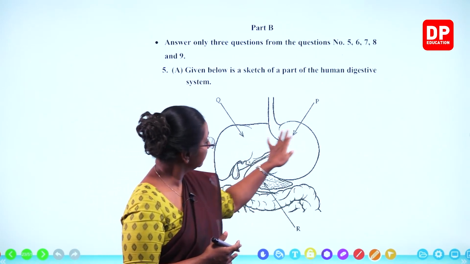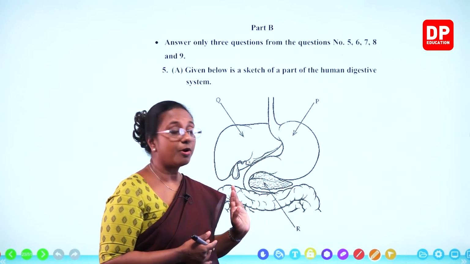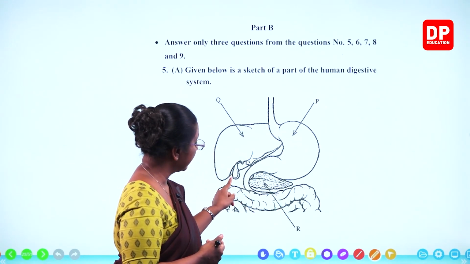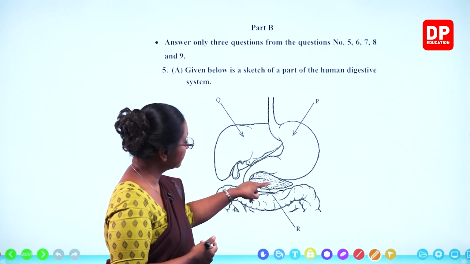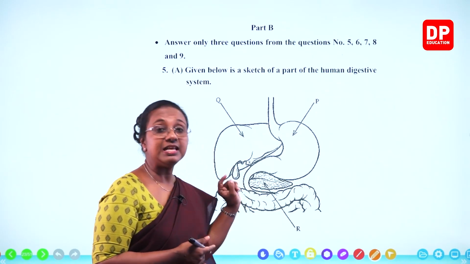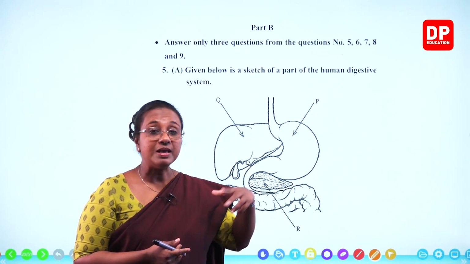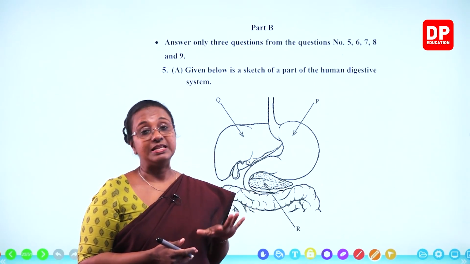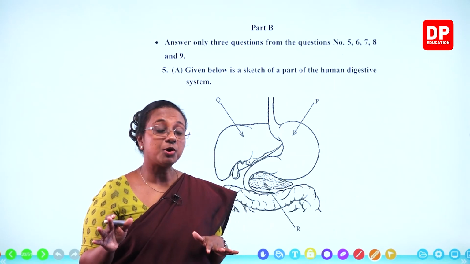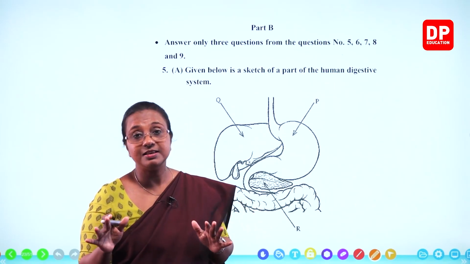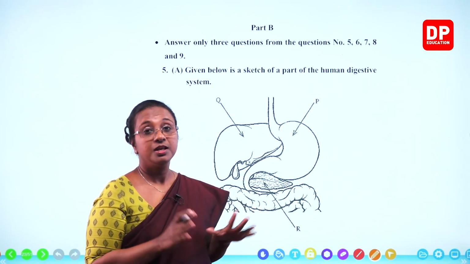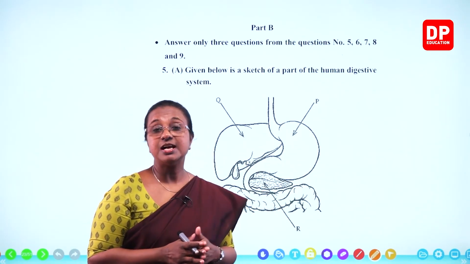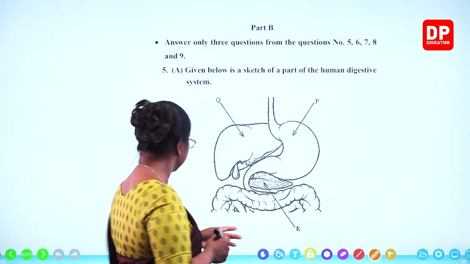Thereafter, the chyme moves into the small intestine where the secretion from the liver, that is bile, the secretion from the pancreas, pancreatic juice, and the intestinal juice all mix with food and the digestion completes there. Finally in the small intestine, all the digestive end products are formed. You all know all those processes. So with that introduction, students, I'll move on to the next slide.